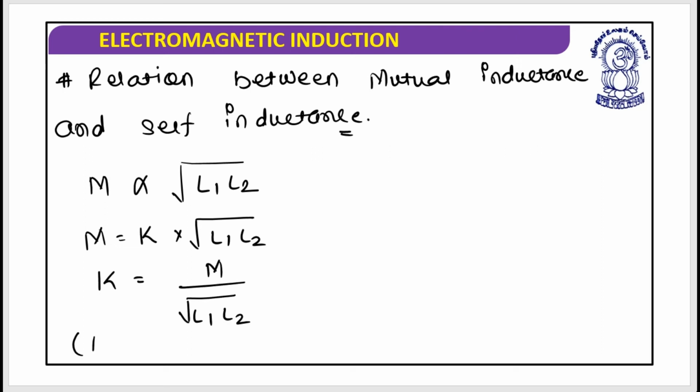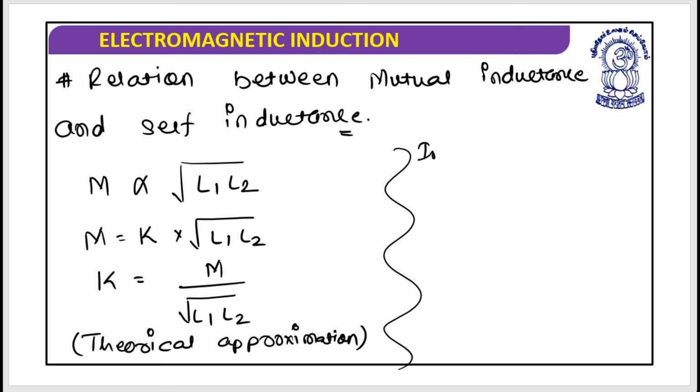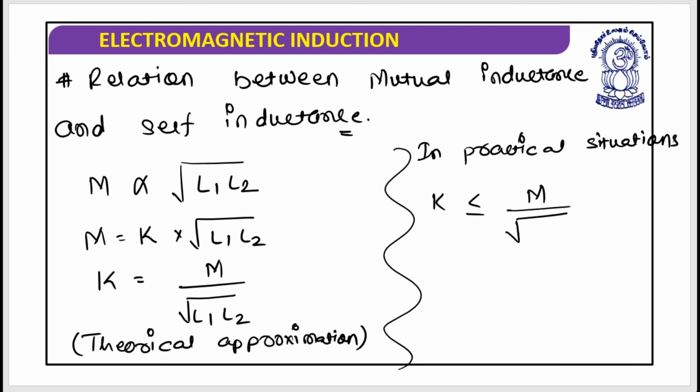But this is a theoretical approximation, or I should say a theoretical assumption. In practical situations, this K should be less than or equal to M divided by root of L1 L2, where K is called the coefficient of coupling.